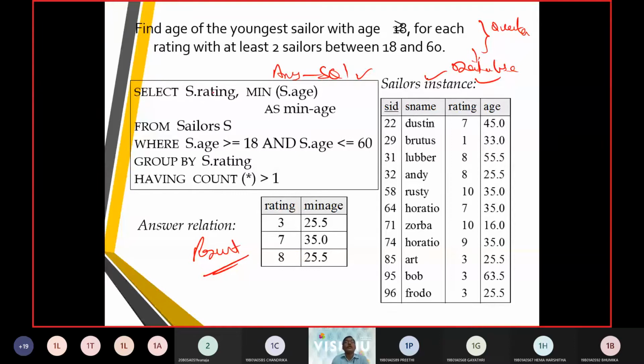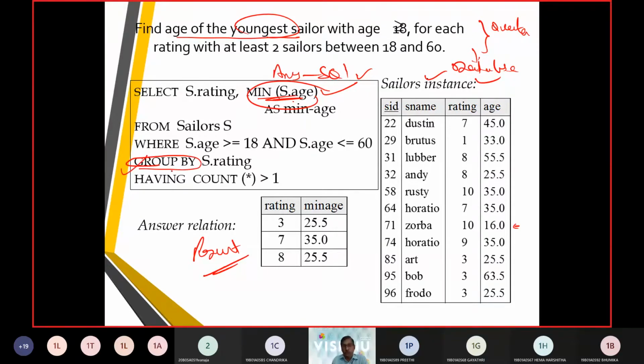Now, find the age of the youngest sailor. So how can I do it? So age of the youngest. Therefore, I am going to use minimum of S.age. So if I am going to say 45, 33, 55, so in this which is youngest it is 16.5. But I have to use group by here.